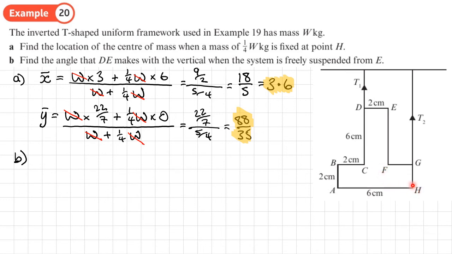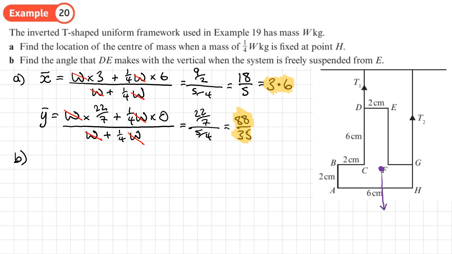Which is what we'd expect. If we add a mass here, that's going to have an effect on the whole system. It's going to move the whole center of mass towards it, and that means moving across and moving down. So let's just mark roughly where this new center of mass is. It's going to be sort of in this place here.